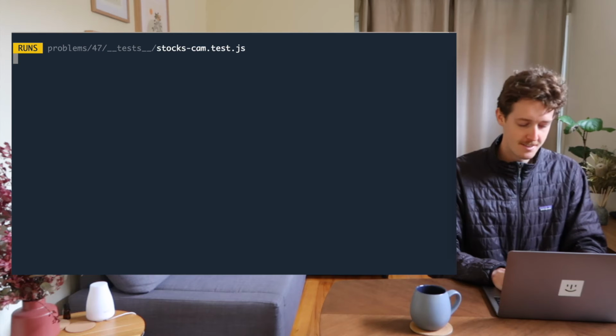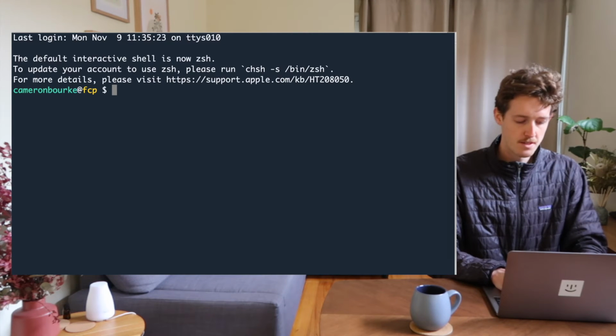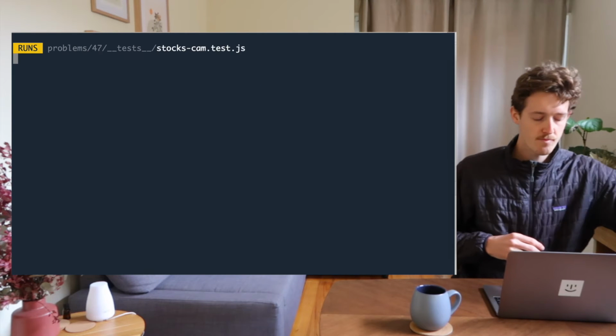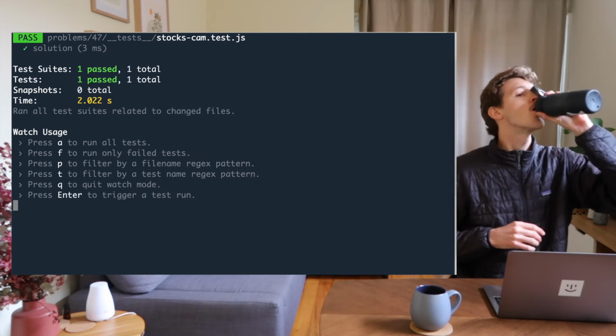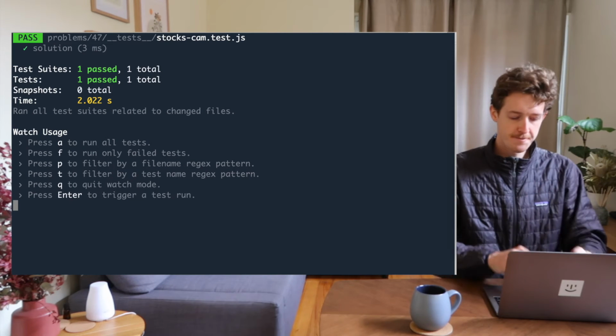My poor Mac, nor does Jest, enjoy the fact that I've just infinite looped it. So maybe if I can kill that tab, and then run Jest again. Hey, it passed.